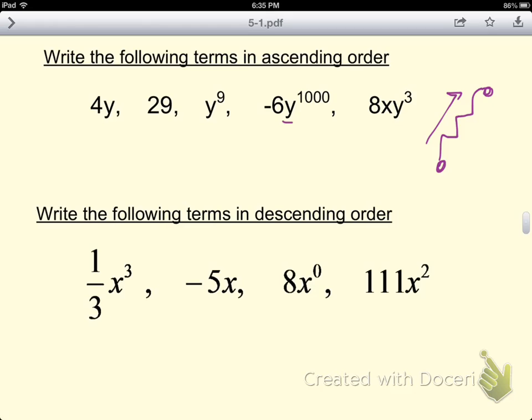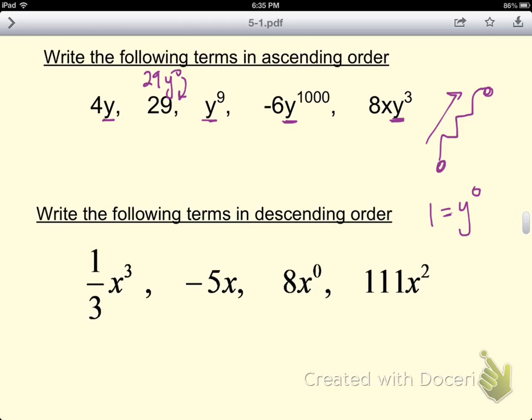Now remember, what we're going to look at is powers of y, because they all have y in them. Remember, the 29 can be rewritten as 29y to the 0 power. And we talked about how these two are equivalent expressions because we can essentially multiply anything by 1. Well, another name for 1 would be any variable raised to the 0 power. That's 1.